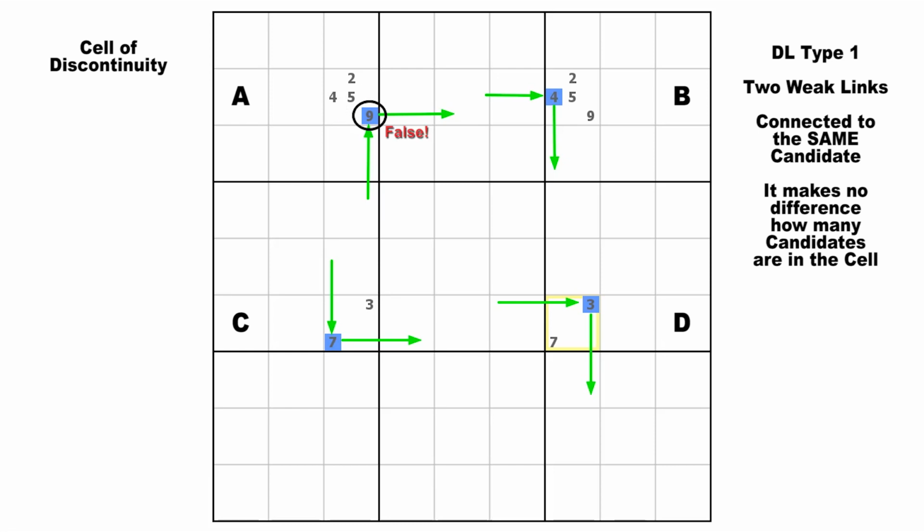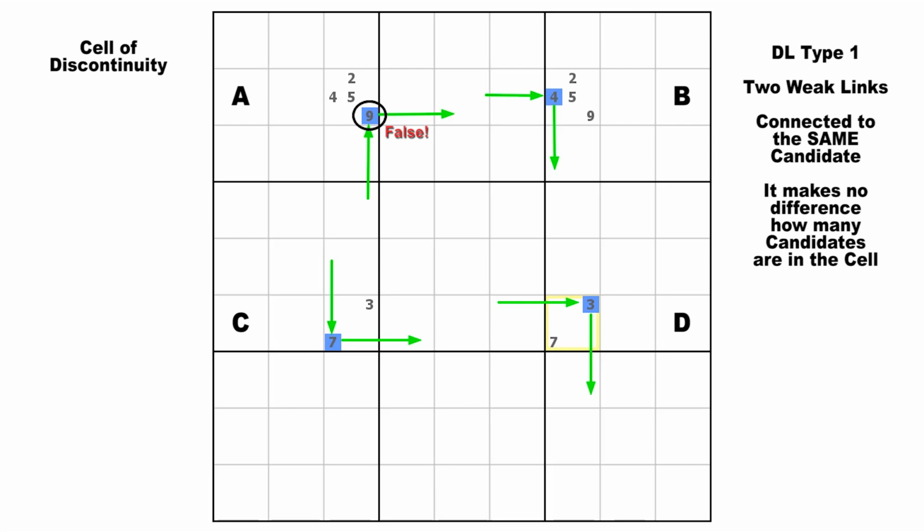Now don't worry, in the next video, tutorial number 42, we will examine this configuration in much more detail. And after I explain it, you will be 100% confident that when you see 2 weak links attached to the same candidate in an otherwise perfect loop, you will know that that candidate is false and can be eliminated. And of course, this will work no matter which direction you are going.